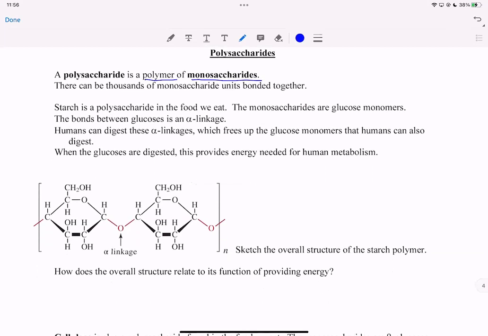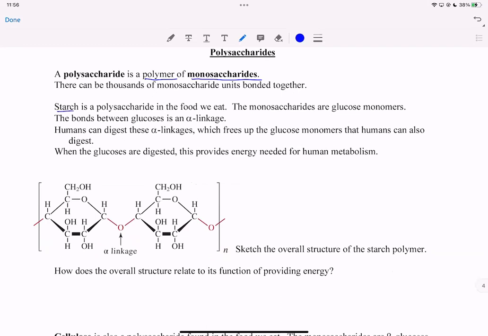And we're looking at these 2 examples of starch, which is in the food that we can eat, that humans can digest. And the reason why we eat starch is because we can digest it. And what we are digesting is the linkage, the bonds between those glucoses. So humans can digest glucose.